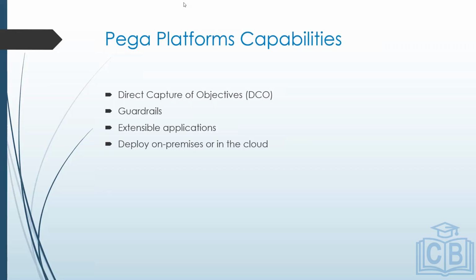And then extensible applications. PEGA provides us the options to build frameworks so that I can extend those applications. PEGA also provides certain frameworks by default for each domain. There are customer service frameworks for the insurance domain or the e-commerce domain. There are different frameworks provided, and we can also create our own framework.